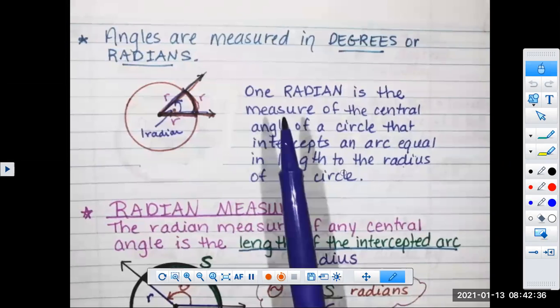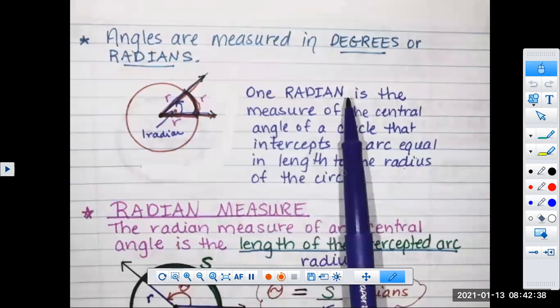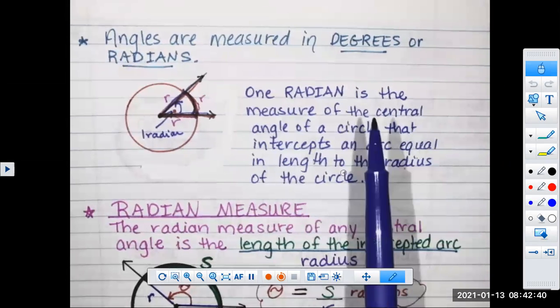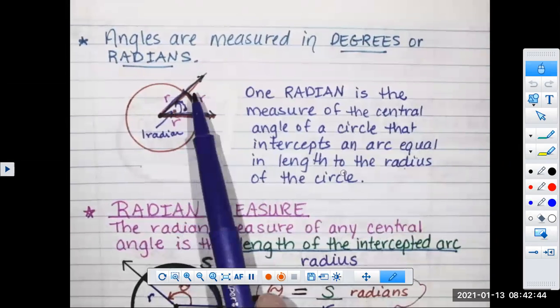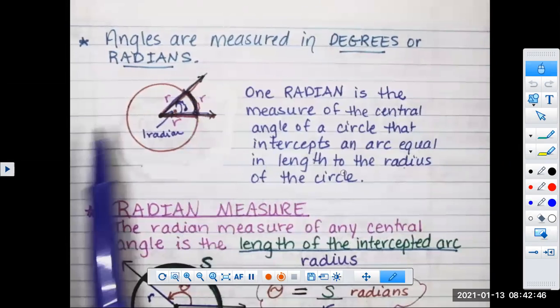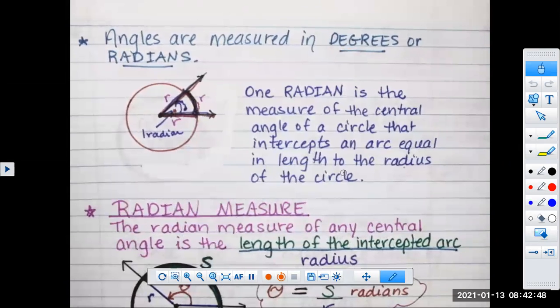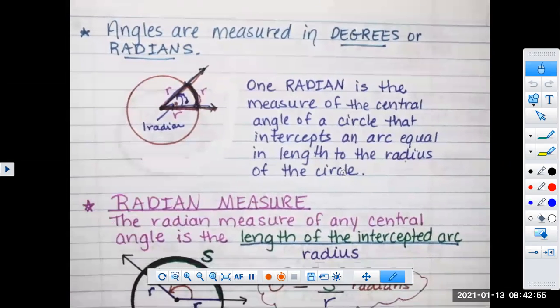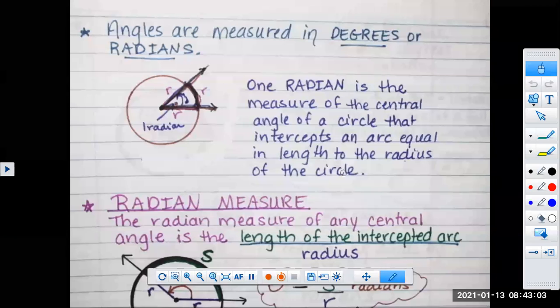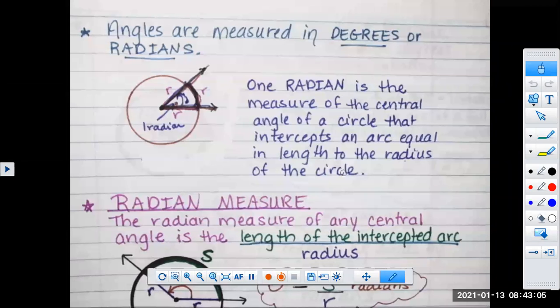So 1 radian measure is the measure of that central angle that intercepts the arc that has the same length as the radius. So later on in chapter 4, when you're going to hear pi over 3 and 2 pi and all of that, radian measure likes to be in terms of pi, because think about it. What's the distance around the circle?